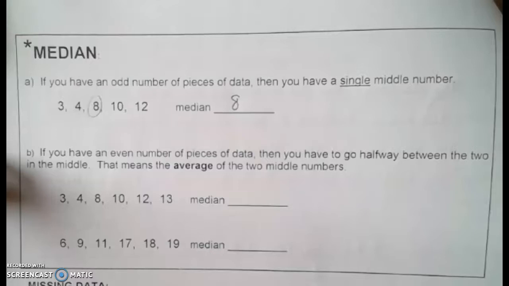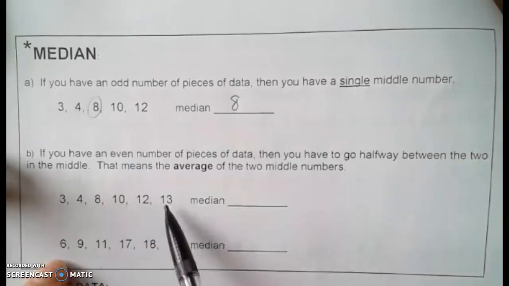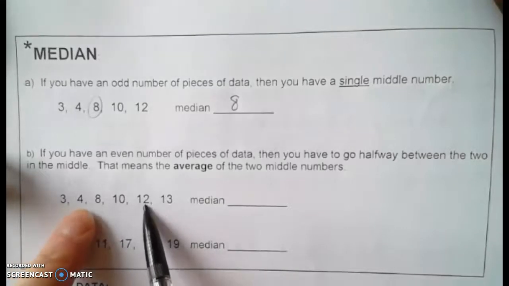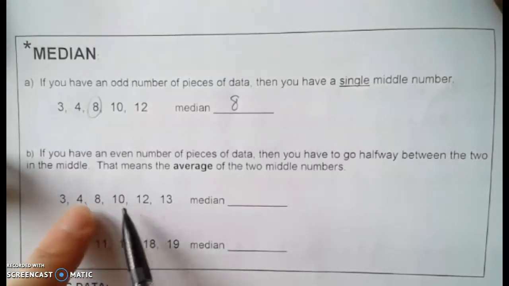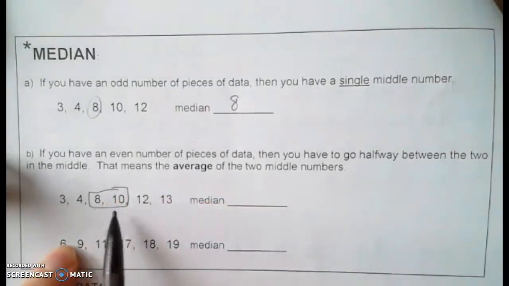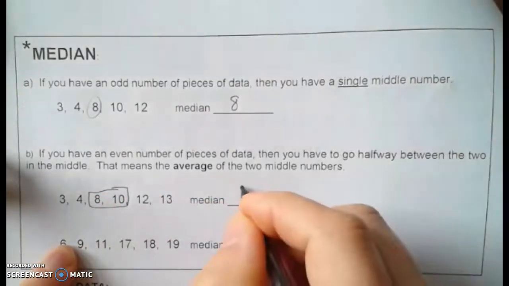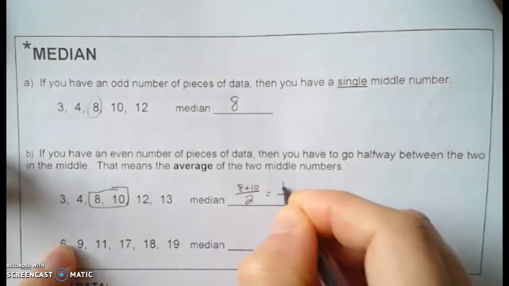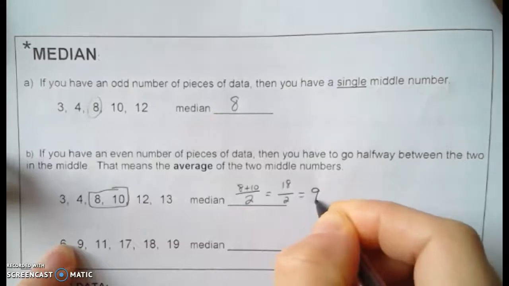For example, with this set, I see I've got 6 numbers here, so I'm going to move in until I get to the middle, and I see I've got the 8 and the 10 as my two middle numbers. I need to average these numbers together, so I'm going to do 8 plus 10 and then divide by 2. 8 plus 10 I know is 18. 18 divided by 2 is 9.